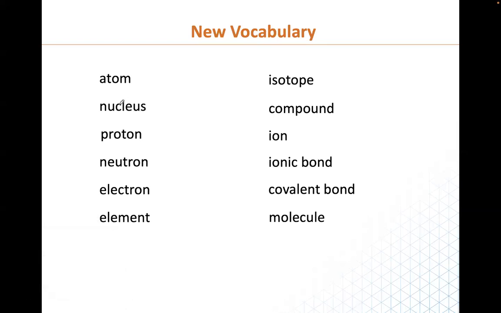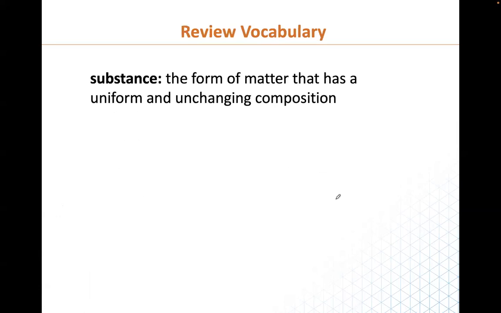So we want to talk about atom, nucleus, proton, neutron, electron, element, isotope, compound, ion, ionic bond, covalent bond, and molecule. Substance is a form of matter that has a uniform and unchanging composition.